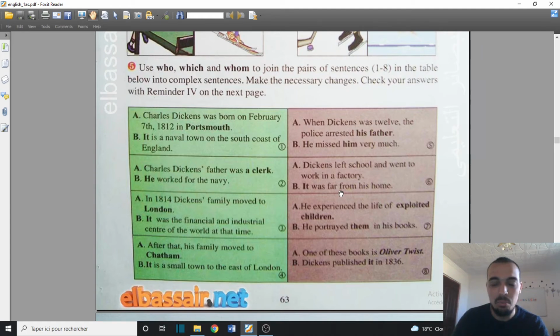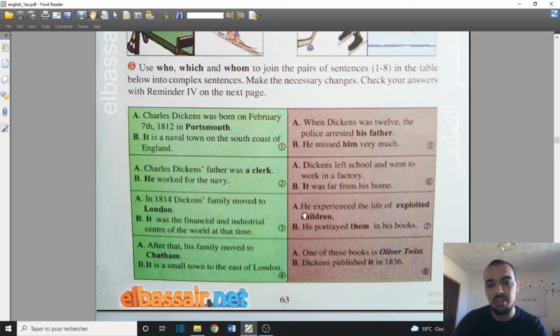Okay, so we'll provide the answer. Dickens left school and went to work in a factory, which was far from his home. Since it's a thing, just a noun, not a person, we use which. Excellent.